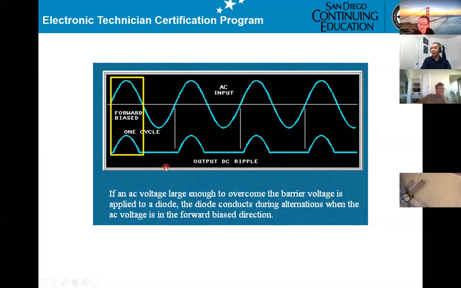Now, half rectified or rectification, what does that mean? How many people understand when they're talking about rectification? That's changing an AC sine wave into a DC ripple. Basically, rectification means converting AC to DC.